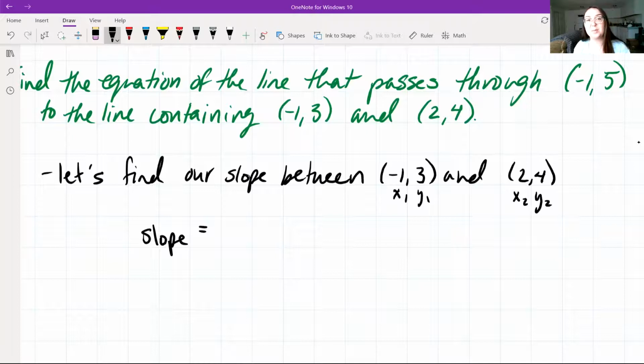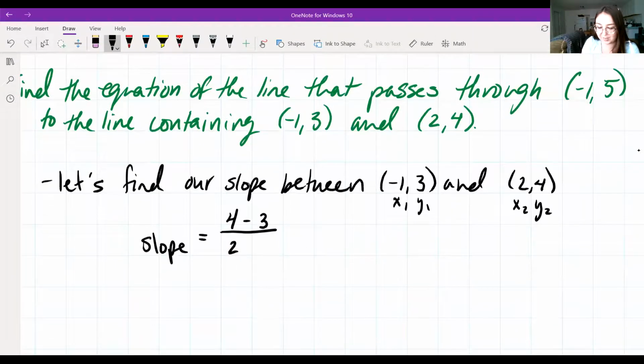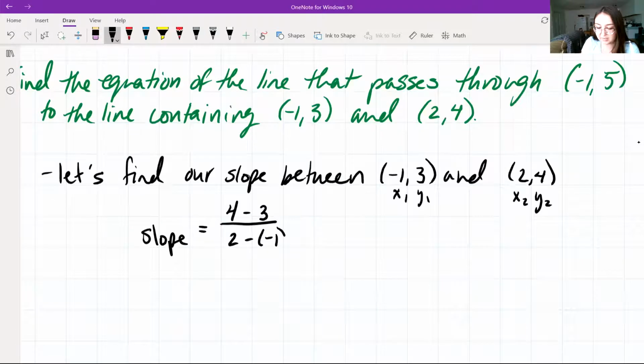And we know it's y2 minus y1 divided by x2 minus x1, so this is going to be 4 minus 3 divided by 2 minus -1. So we're going to have 4 minus 3, which is just 1, divided by 2 minus -1.